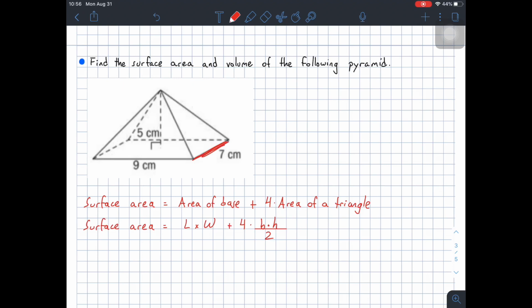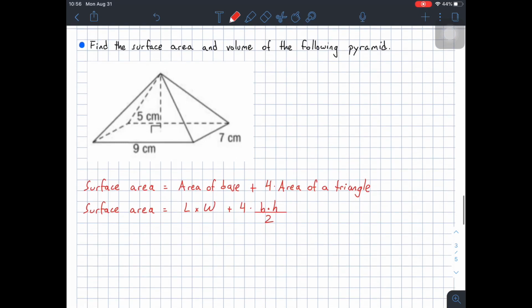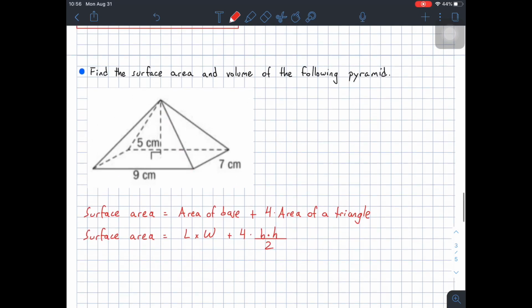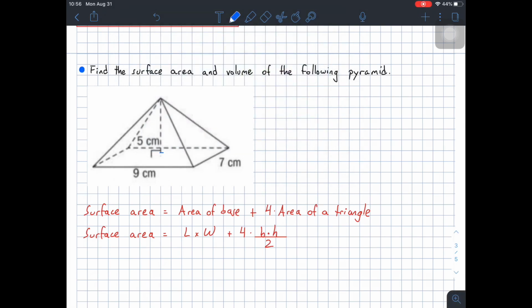We already have the base, but we do not have the height. Okay? So to work with the height, we're going to do the calculations here. For example, we can say that this side over here must be equal to half of 9. Half of 9 is 4.5, right? So from here to here, we have 4.5 centimeters.